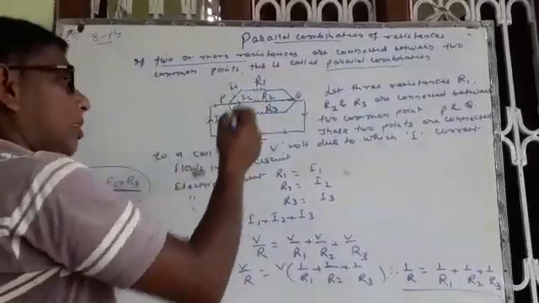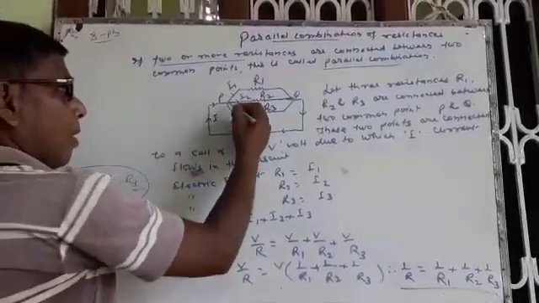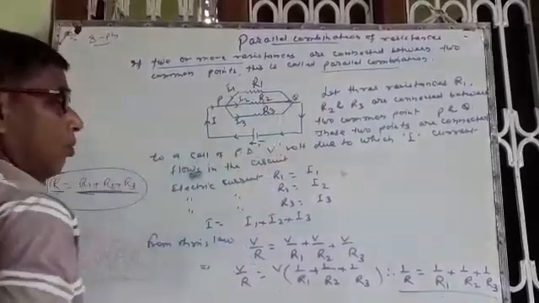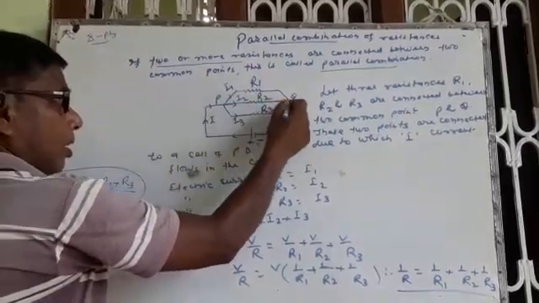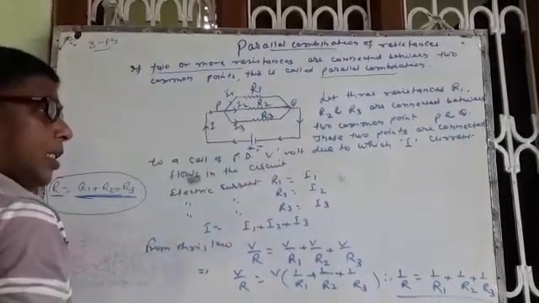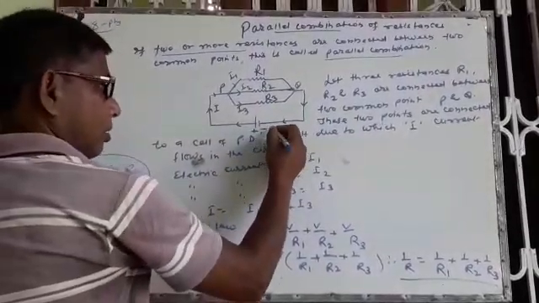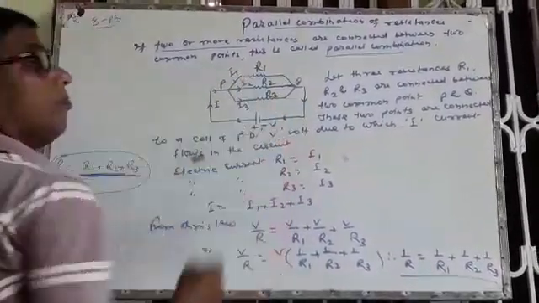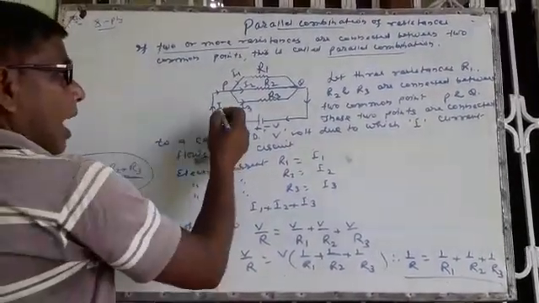So three resistances R1, R2 and R3 are connected between two common points P and Q. These end points P and Q are connected to a cell of potential difference V, due to which an electric current I is produced.